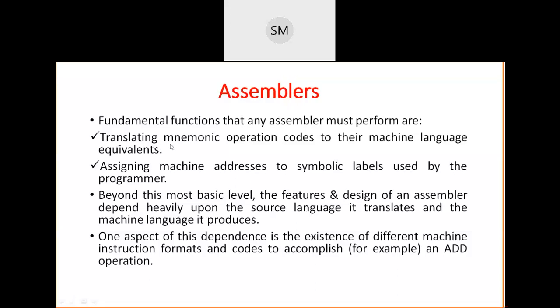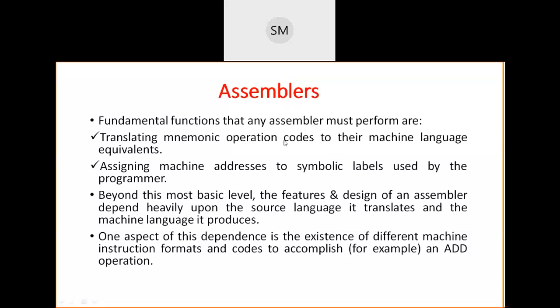First, it should translate the mnemonic operation codes. In fact, the main purpose of an assembler is to convert the assembly level program into a machine level program. So we should translate mnemonic operation codes. Mnemonic operation codes means what? You know, I wrote an instruction on my board that day in class. An instruction contains 2 columns.